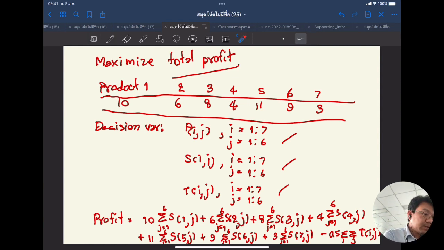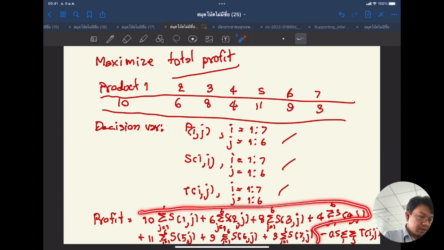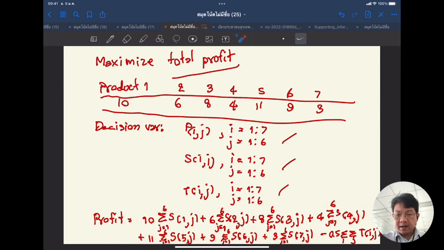So let me explain again. The first part involves the profit. It relates to manufacturing each product in each month, and then you sell it. And for the second part, it is the cost for storage.